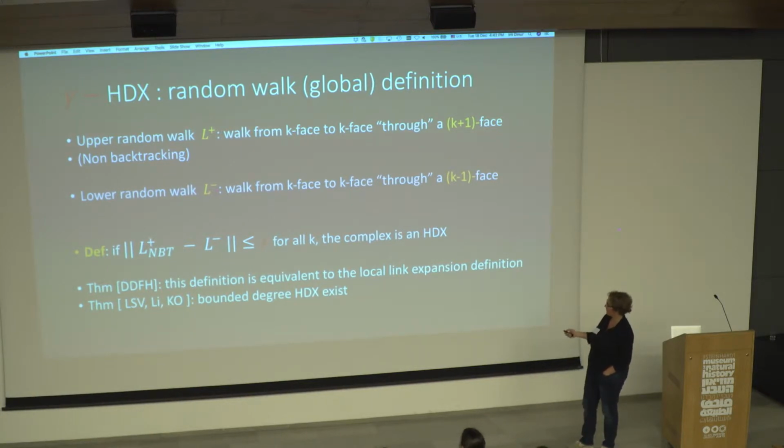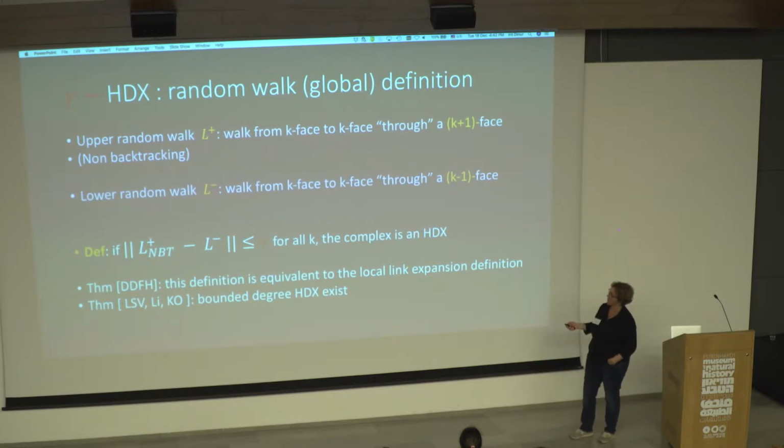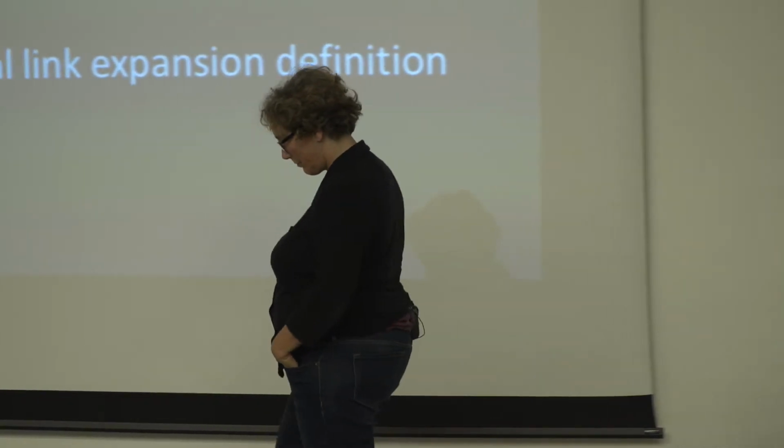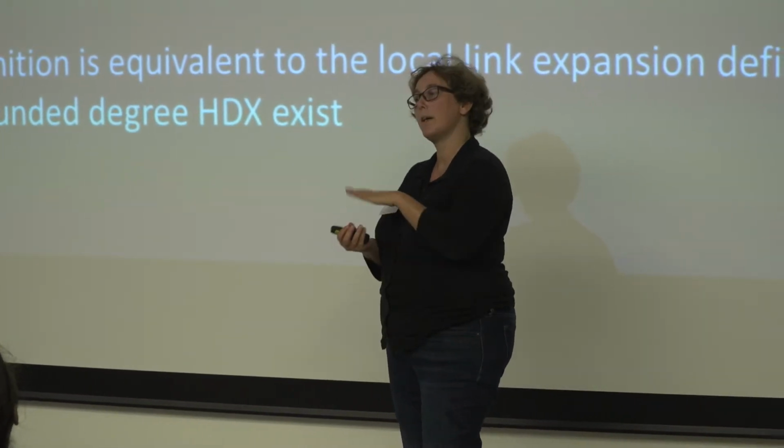And so what does this mean? It means that those beautiful algebraic constructions that give you high-dimensional expanders are actually gamma high-dimensional expanders according to this random walk definition. Spectral. All the links are expanders.